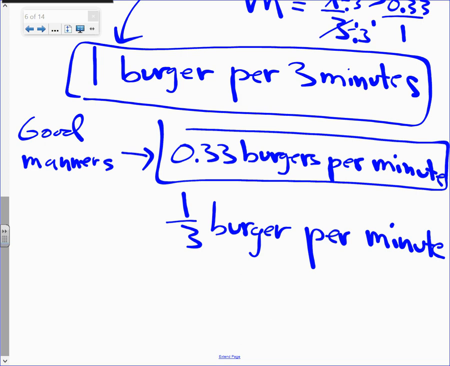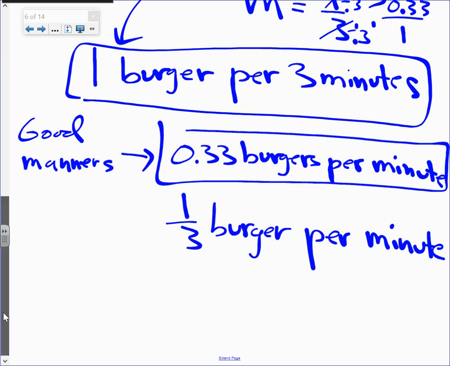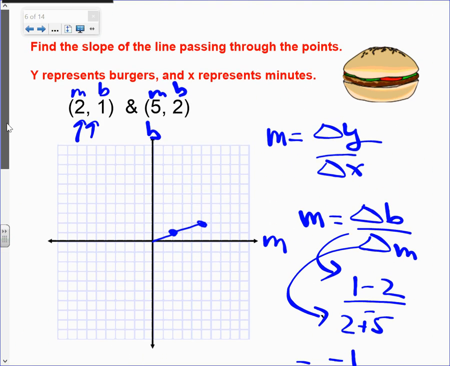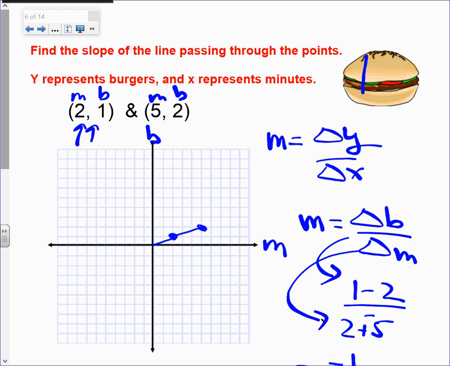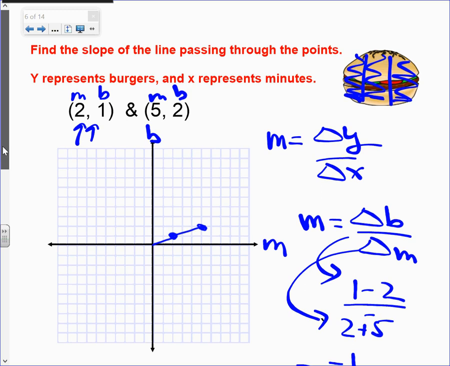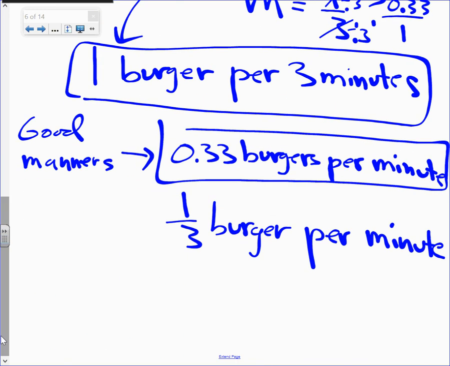How much is 1/3 of a burger? We're going to chop it in 3 pieces. How about like that? 3 pieces. So 1 minute I eat this. The second minute, another third. Third minute, whole burger. That's how quick I'm eating the burger. A third every minute. 0.33. Okay?